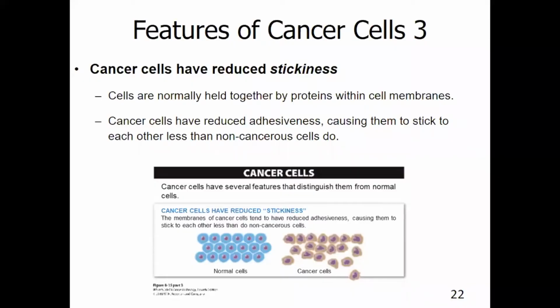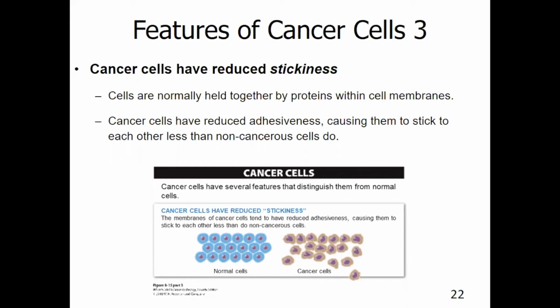A third feature of cancer cells is their reduced stickiness. Normal cells, as pictured here in 8.15, these normal cells pictured in blue are being held together by proteins in their cell membranes. For more about proteins in cell membranes, I refer you back to Unit 1.